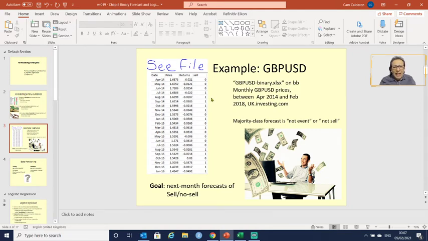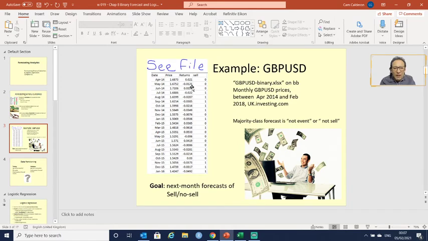Particularly, I am very interested in returns that are higher than a certain threshold, right? Because obviously, if you want to invest in certain markets, such as the British pound against the dollar, what you would like to know is to what extent you can be sure that the price is going to move, for instance, 100 pips or 1% or 2%, right?